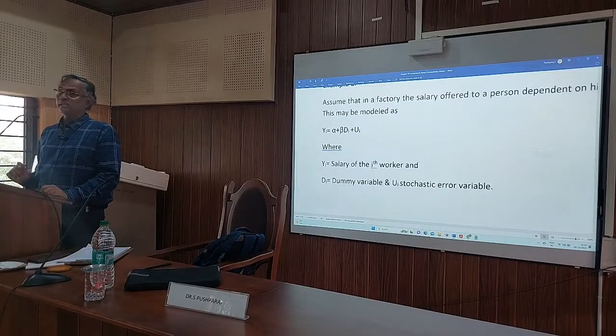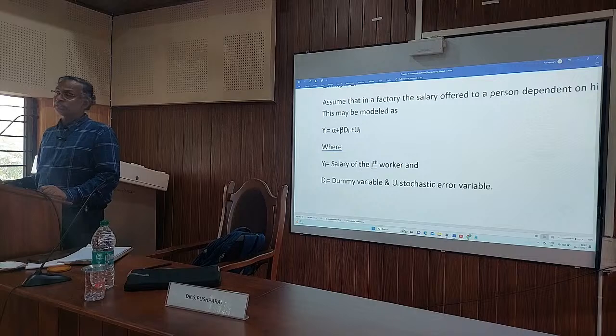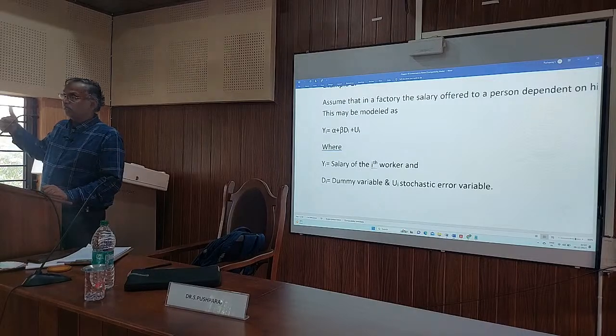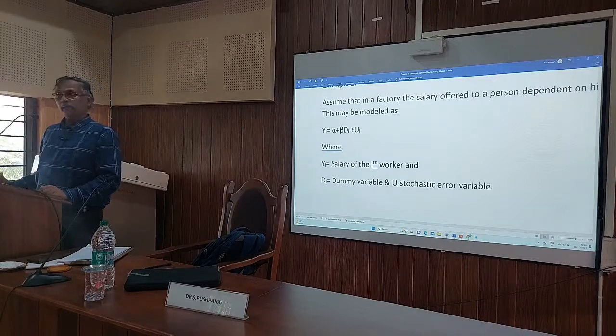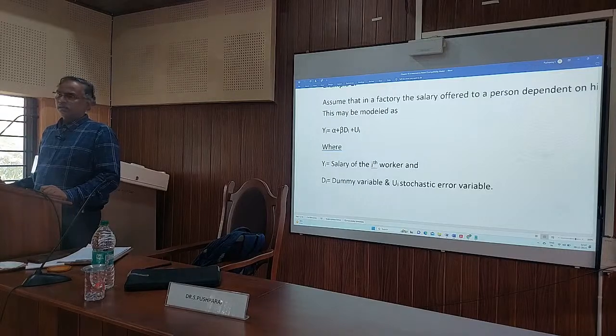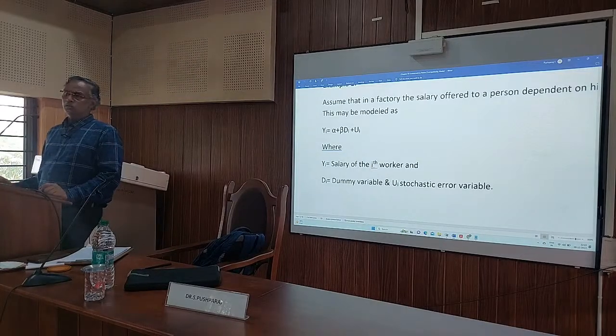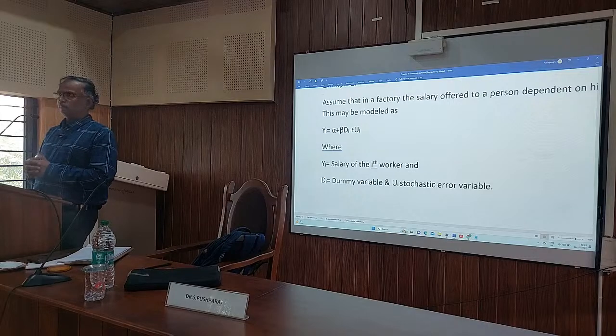Beta is the mean difference in the averages of the literate and illiterate employees. Otherwise, the premium salary the literate employee gets is reflected in the beta. So this is how the beta should be interpreted.